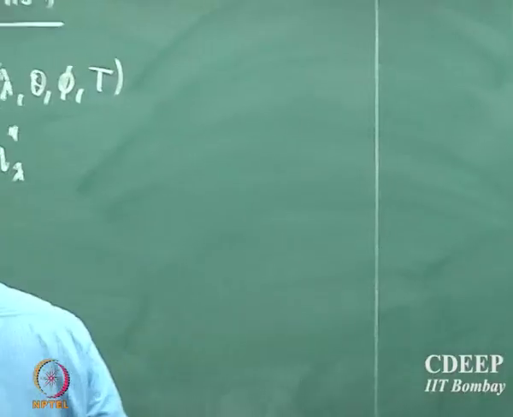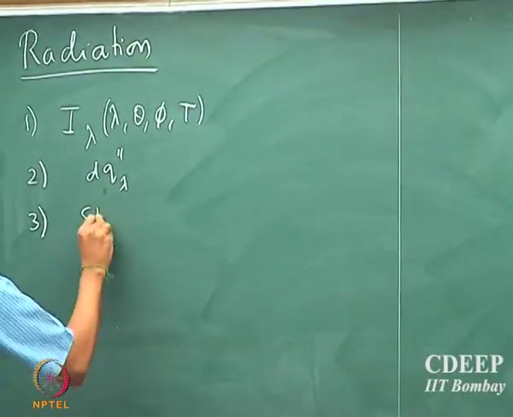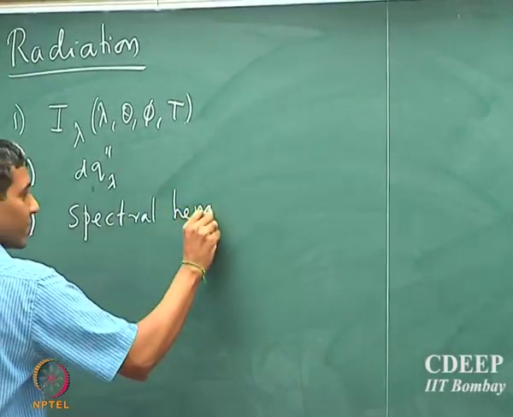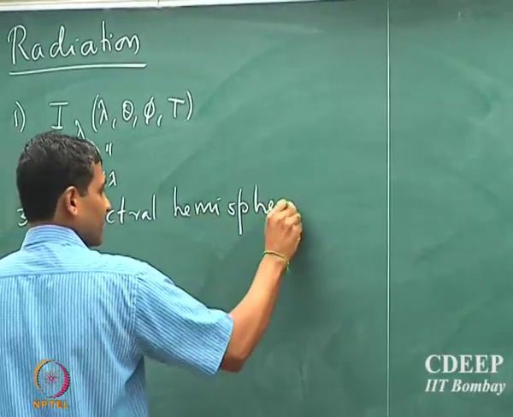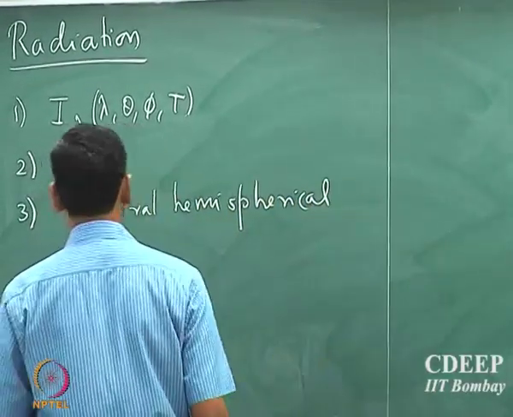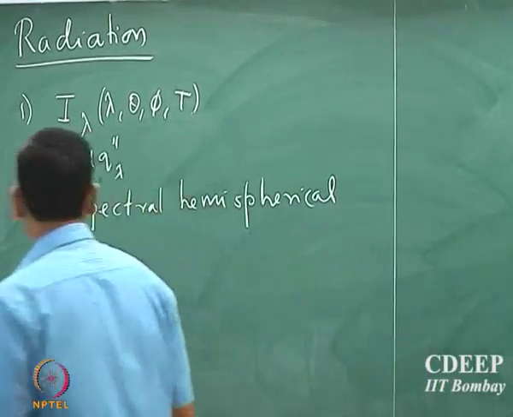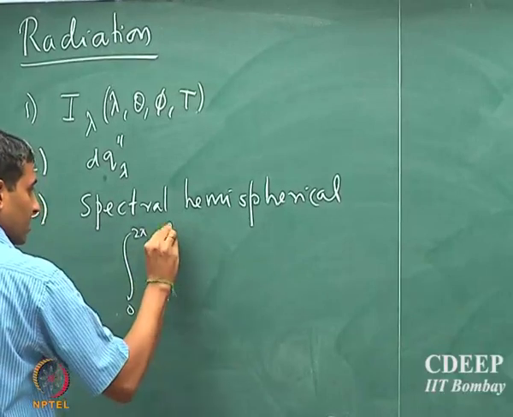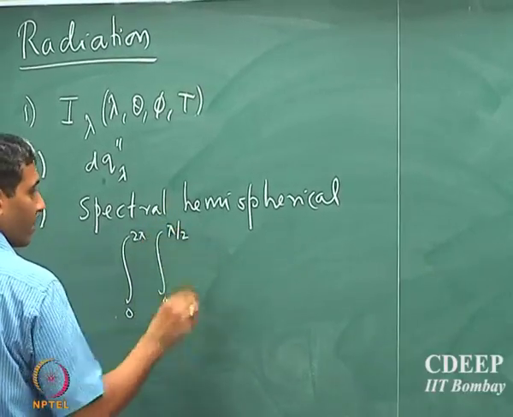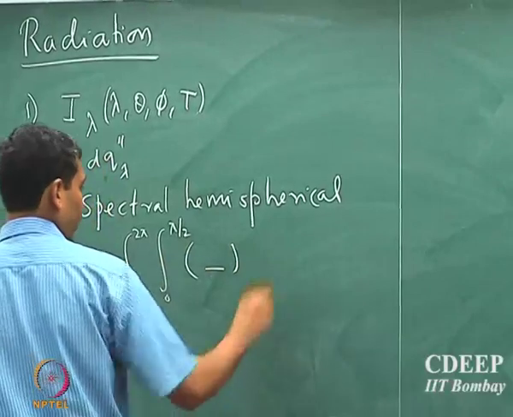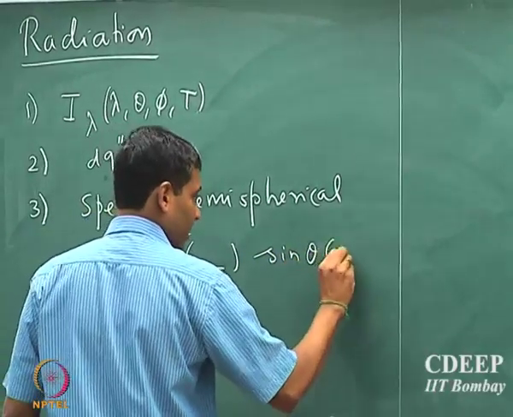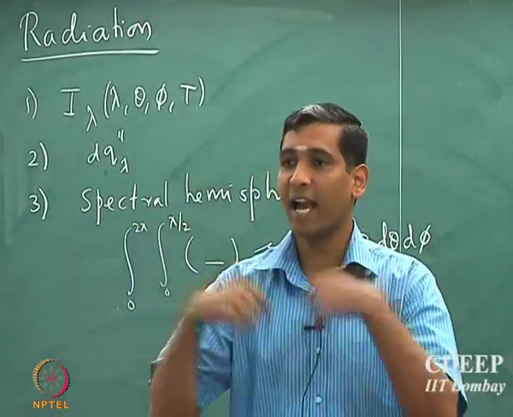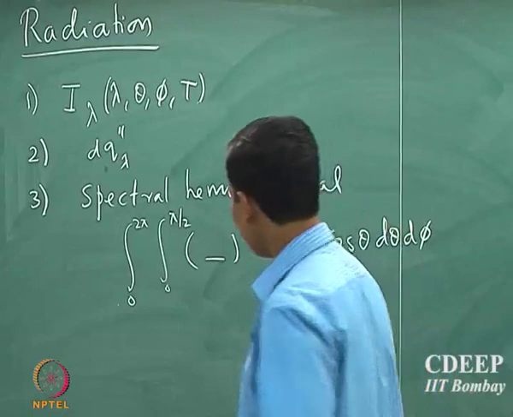Okay, and then we defined all these huge integrals, spectral, hemispherical, etc., hemispherical quantities, and that's pi by 2, whatever that intensity quantity is, multiplied by sin theta cos theta d theta d phi, where theta and phi are the angles in the 3-dimensional coordinate system.